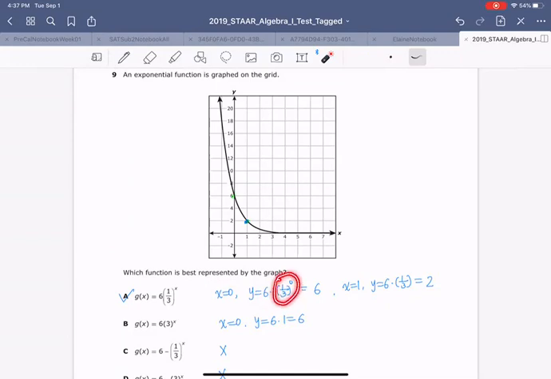This equals 1, so this equals 6. So this point we already verified. How about the next one? When x equals 1, y equals 6 times 1/3 to the power 1, which is 6 times 1/3, which is 2. Yes, your y value is 2.